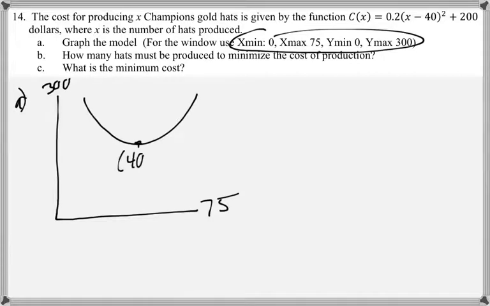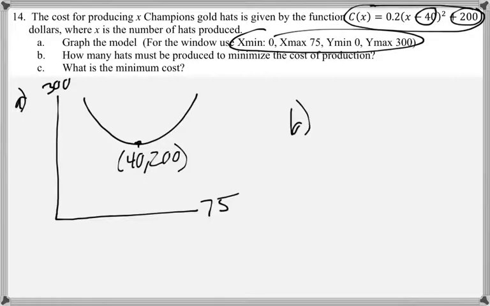And it was 40, 200. And if you did look at the original function, this was in vertex form, so you could actually tell the 40 and the 200 right from the vertex form. But we can always just use the calculator anyway.